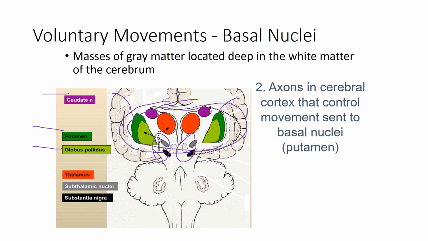If we have degeneration of dopaminergic neurons, meaning that they release dopamine as their primary neurotransmitter, from the substantia nigra to the corpus striatum, this will cause Parkinson's disease.